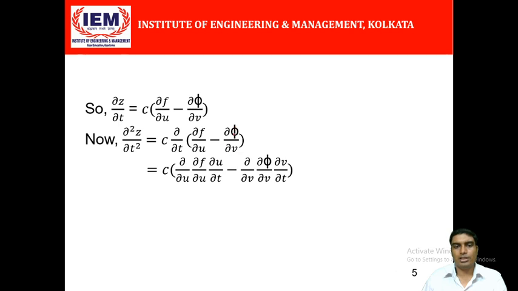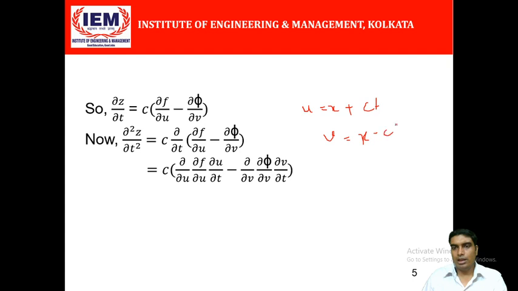First, we have to differentiate this function with respect to v. After that, the partial derivative of v with respect to t. Now, you know that u equals x plus ct, and v equals x minus ct.